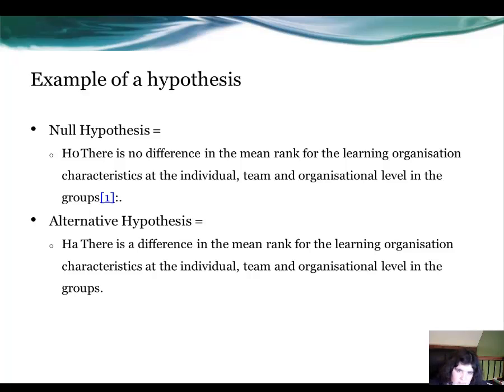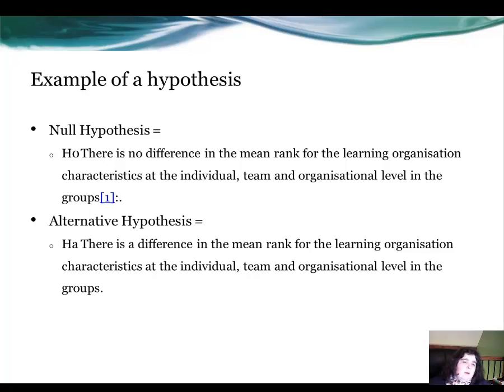So the statement is, there is no difference in the mean rank for the learning organization characteristics at the individual, team and organizational level. The alternative hypothesis is then stated in the positive, indicating there is a difference in the mean ranks, and this is what you're testing, and you quantify the result to be able to show, possibly through a chi-square test, whether or not there is a relationship between the variables.